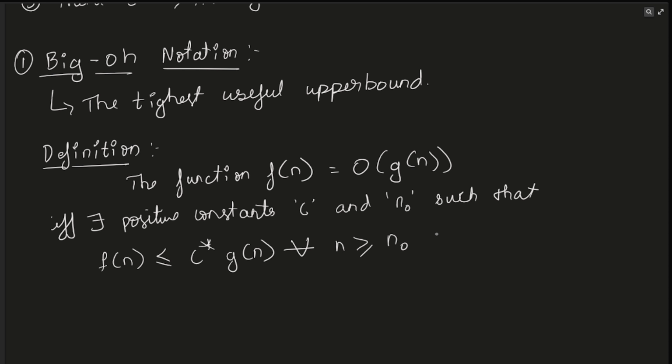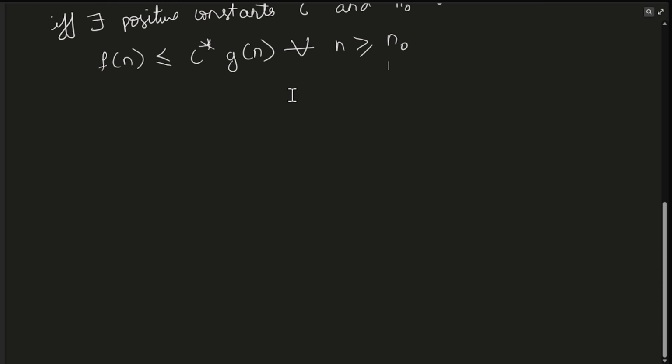Let us understand this definition with an example. I'll consider f of n as 2n plus 3. Now, as per the definition, we need to write the big O of g of n for the f of n.